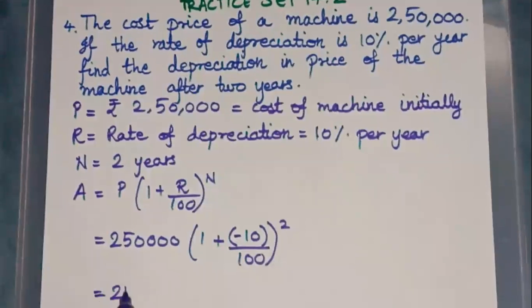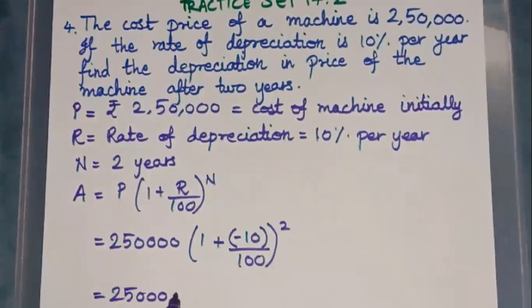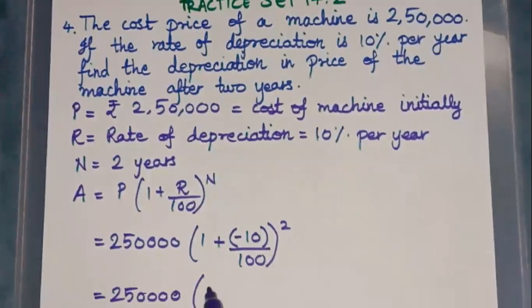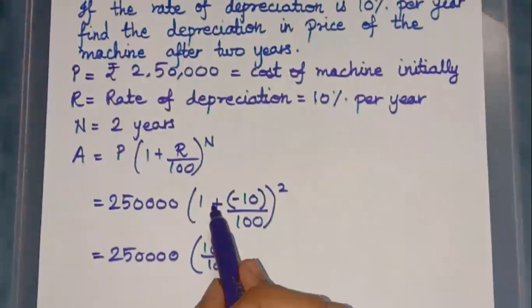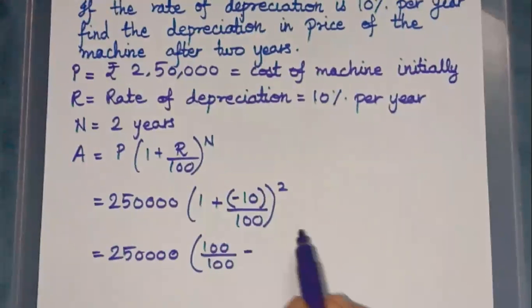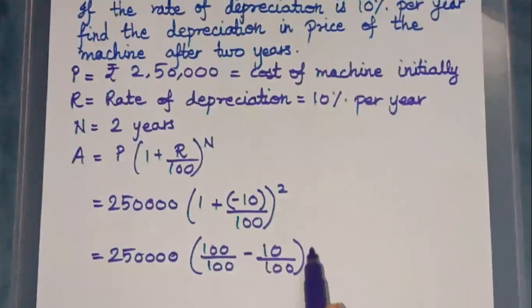So 2,50,000, we will make the denominators equal, 100 upon 100. Now here you have plus and here you have minus. So plus minus becomes minus and you have 10 upon 100. I hope you understood this.